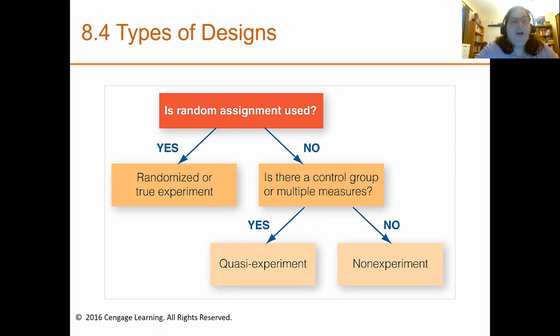Now let's talk about some designs. Is random assignment used? If yes, it's a randomized or true experiment. If no, is there a control group or multiple measures? If yes, it's a quasi-experiment. If no, it's a non-experiment.